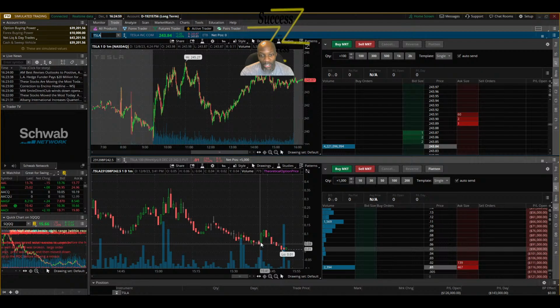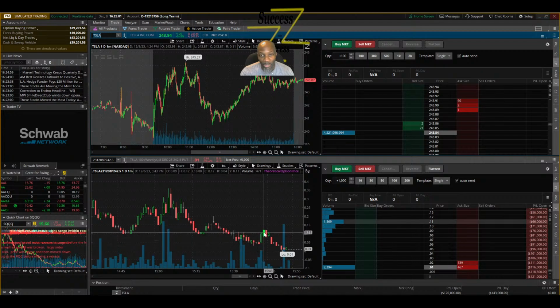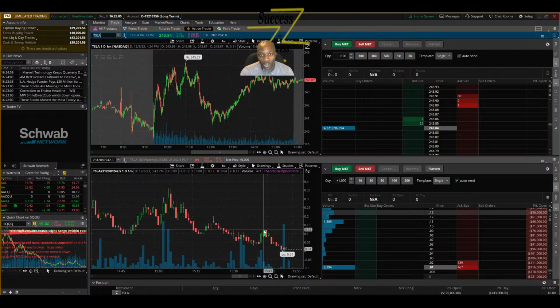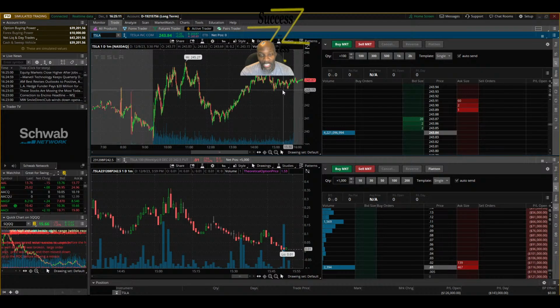341 is right here, or maybe it's probably referencing this move up here. So the price that the equity was at, here it was 243.04. Here it was 243.20.